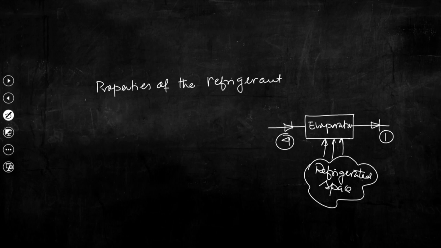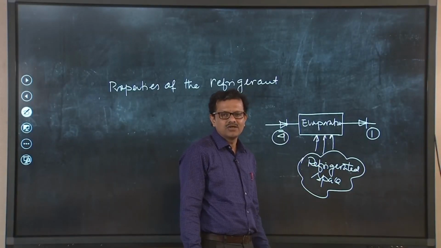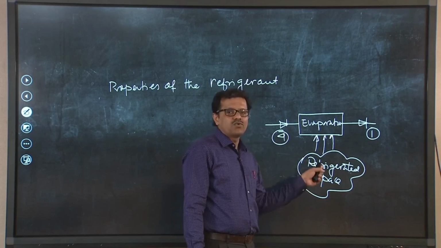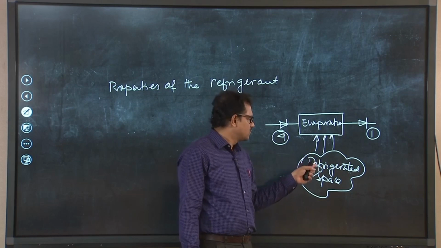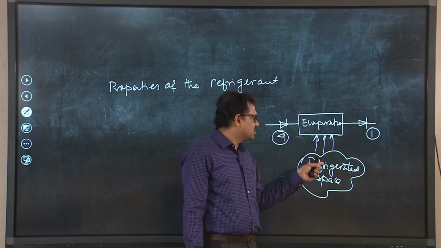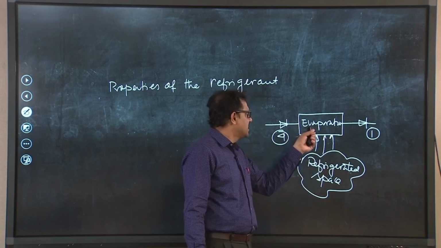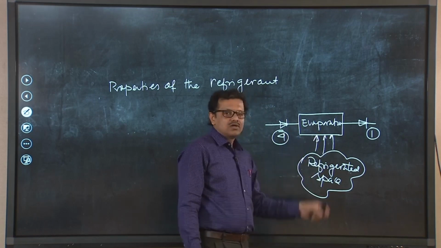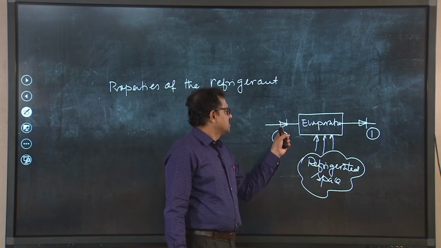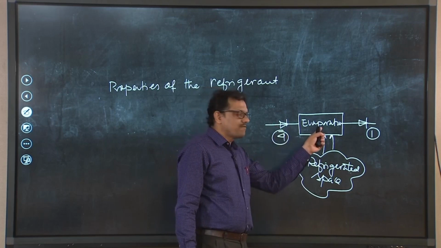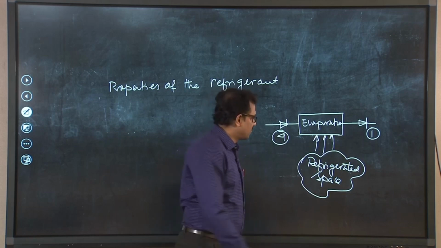If you need to maintain temperature of this particular space at minus 10 degree Celsius, so this is basically cold space, temperature will remain always minus 10 degree Celsius. So, there must be a continuous heat extraction from the space by the working fluid, and that process occurs here in evaporator. So, basically the quality of the refrigerant at the exit of the evaporator is saturated vapor.